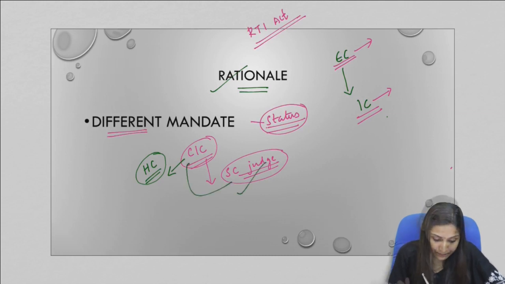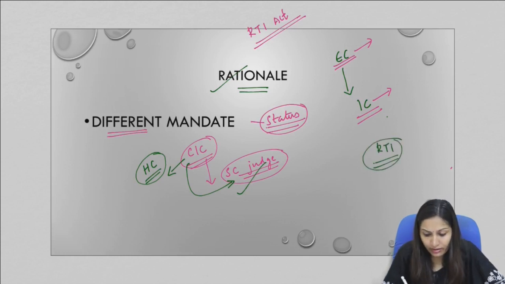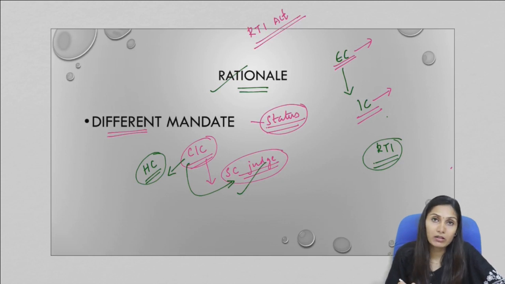So this is inconsistent. And also the Right to Information Act has not given the government rule-making powers. So this error has been amended in this proposal of amendment of the original RTI Act of 2005.